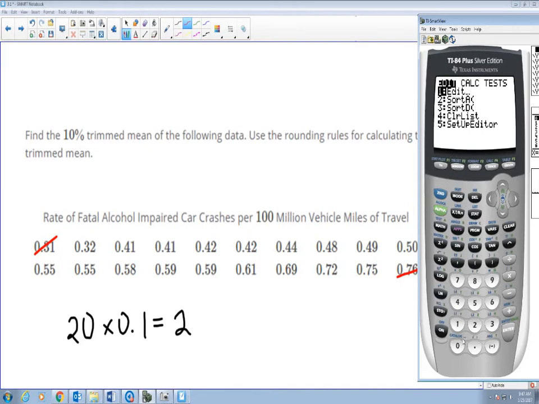Stat, number 1 edit. I'm going to clear out my L1. I'm going to just type it in. And if I type in something wrong, I will catch it once I figure out my mean.